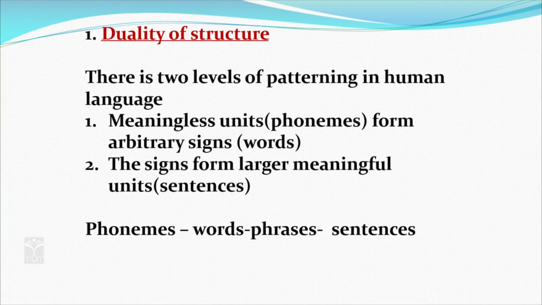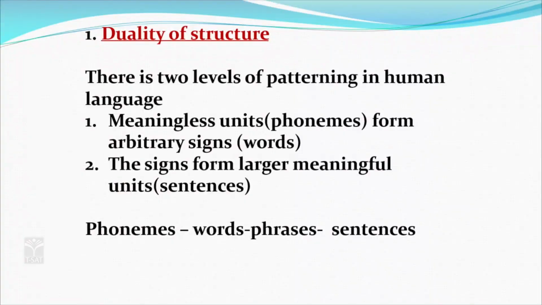Number one, smaller units like phonemes constitute larger units, words, and words constitute sentences. And you can go further. Phonemes or letters make words, and words make phrases, and phrases make sentences, and sentences make texts. So, this is duality of structure which is only with human language. Neither the languages of animals nor the languages of birds have this feature.